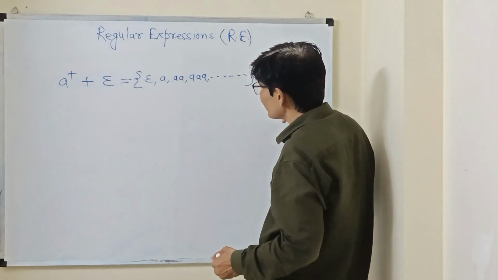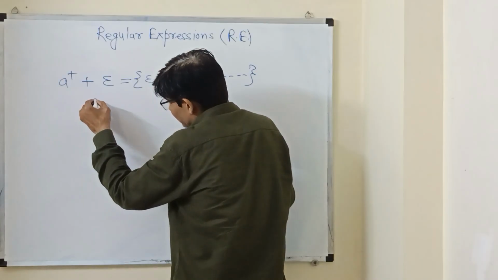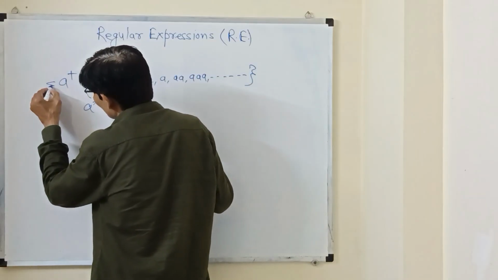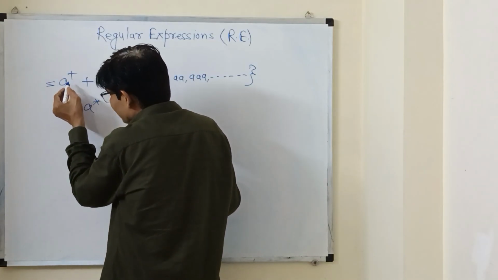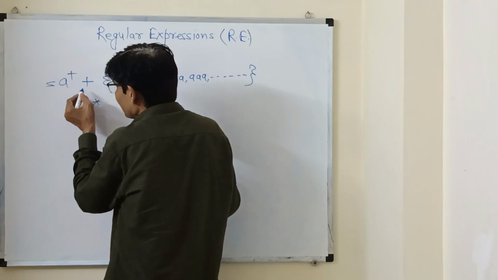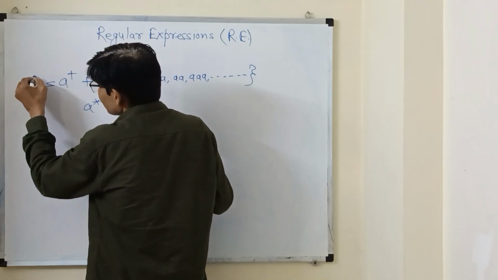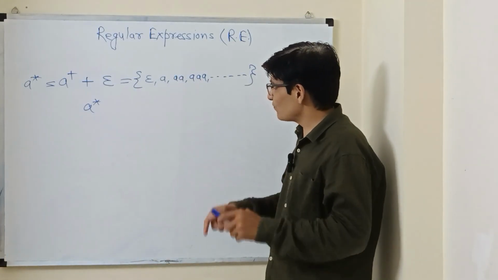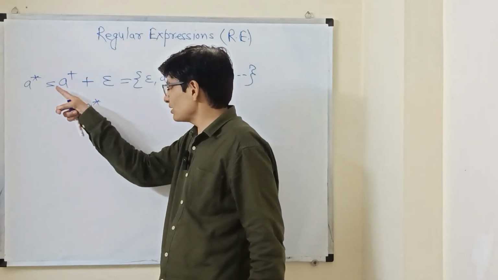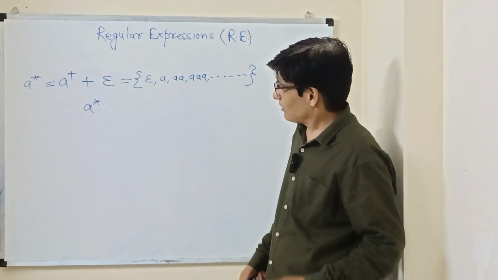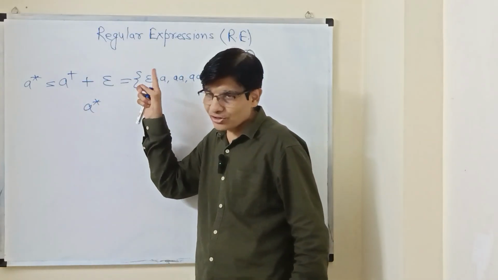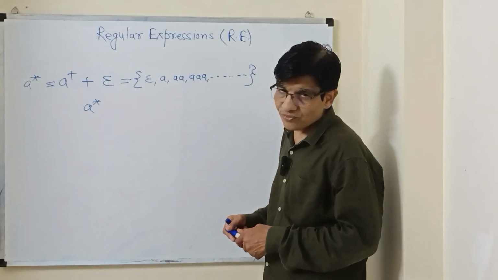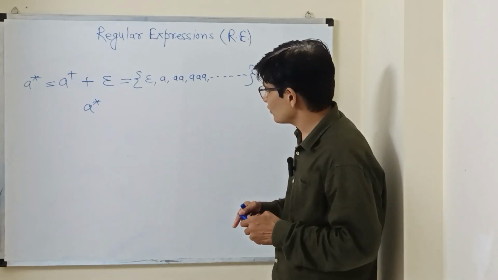So this is nothing but the Kleene closure of A. That means the positive closure of A plus epsilon gives the Kleene closure of A. This is one more expression that we commonly use in regular expressions. I hope it is very much clear to all of you.